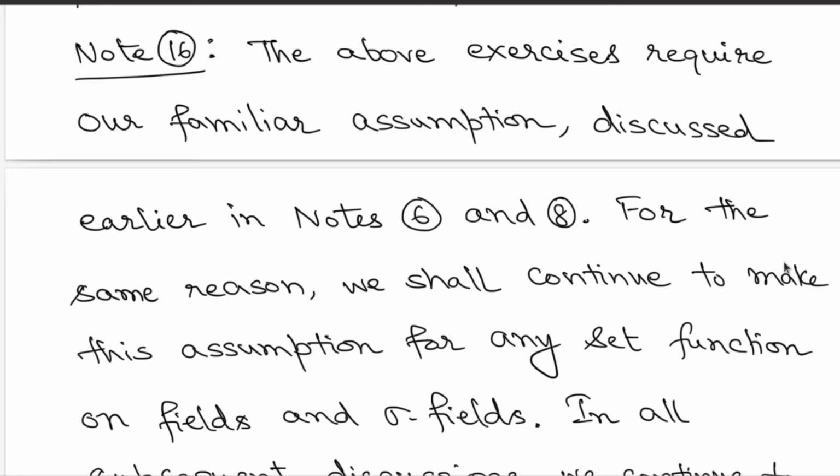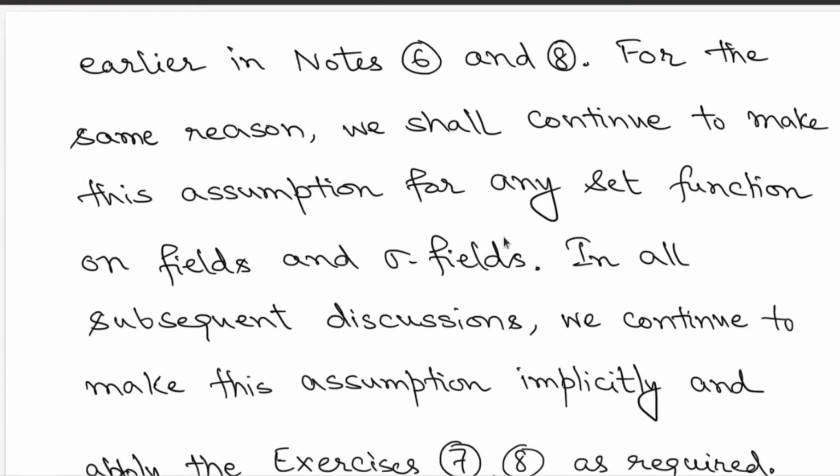This was discussed earlier in notes 6 and 8 for measures on sigma fields. Now for similar reasons, we are going to make this same assumption for measures on fields also, and also for finitely additive non-negative set functions on fields.